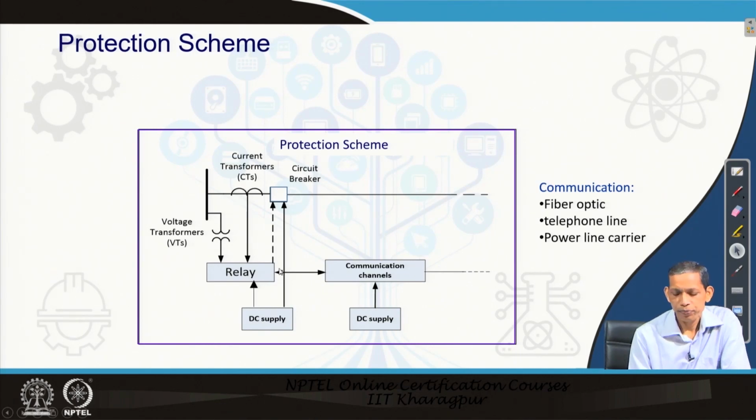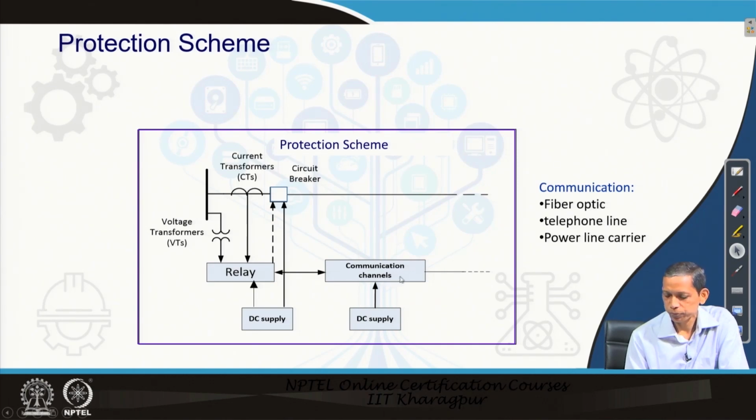In addition to that, today numerical relays have a facility to communicate information to other relays or any substation devices, or they can also receive information from other relays to have better decision making for the protection.